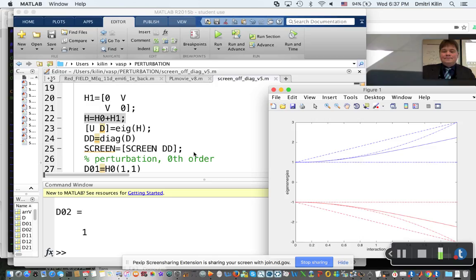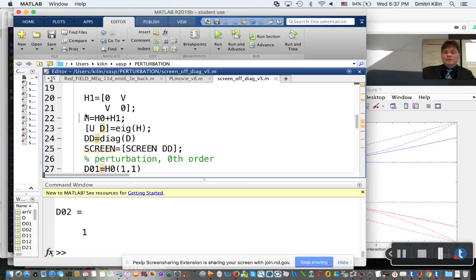If we do only this diagonalization, then we'll get only one set of data points: energy of the first level, energy of the second level, as they are split. But it is very boring, and it is not for humans. It's numbers.